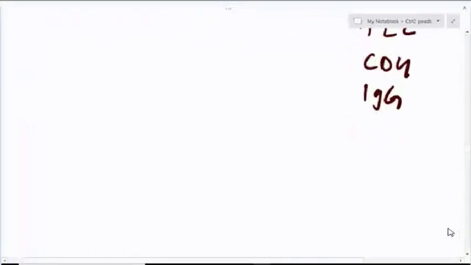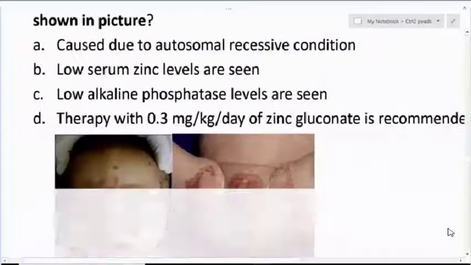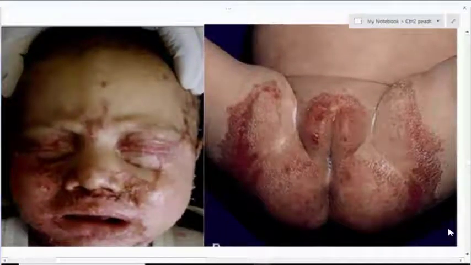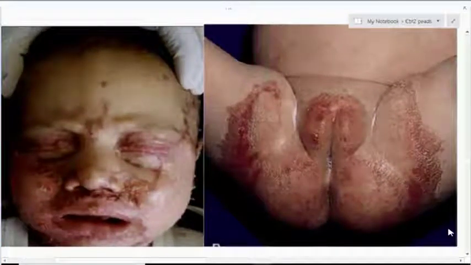The next question is clearly a case of acrodermatitis enteropathica. So as you can see here, this patient has periorificial dermatitis, and as you can see, they are like vesiculobullous lesions, peculiarly, and they are usually periorificial.